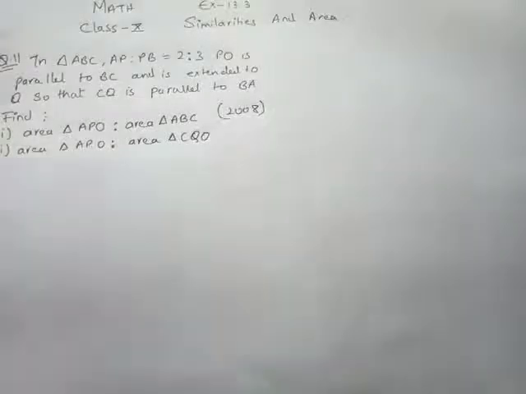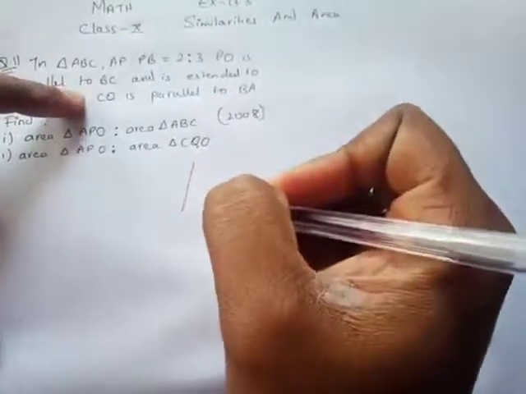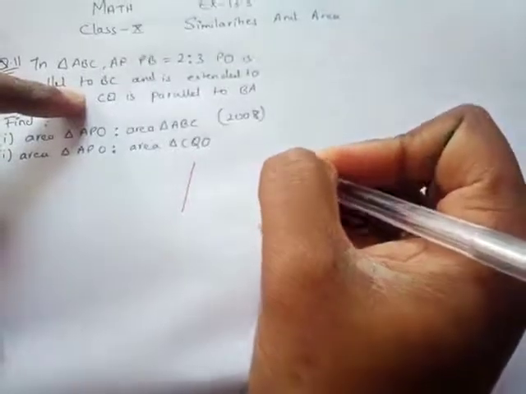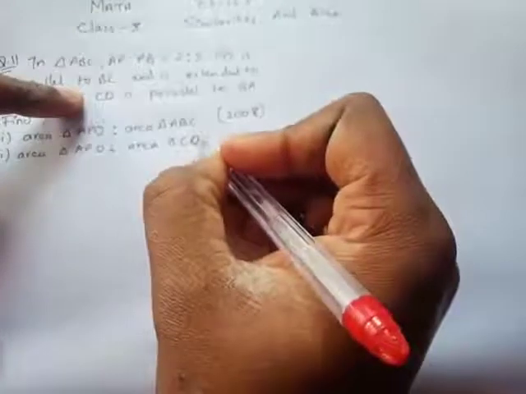So we'll do this question, and I'll also draw the diagram for you so that you guys are aware of what's happening in the question. So this is how the diagram goes.